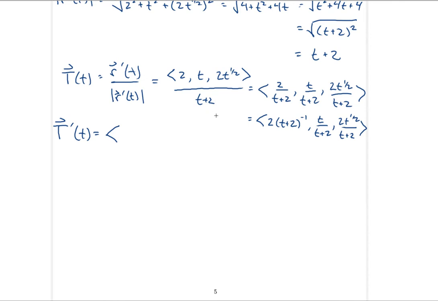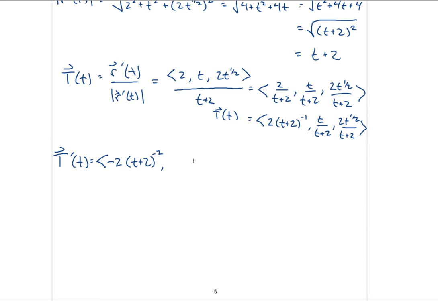Okay, so that's still my t. All right, so then T prime, maybe I better give myself some space so it doesn't all run together. So T prime in that first case is going to be negative 2, t plus 2 to the negative 2.